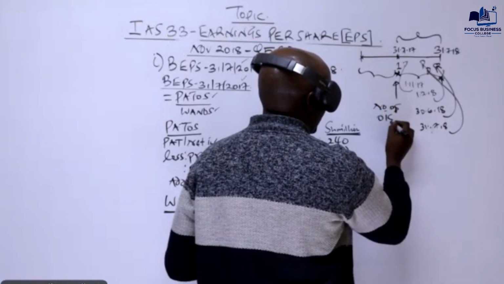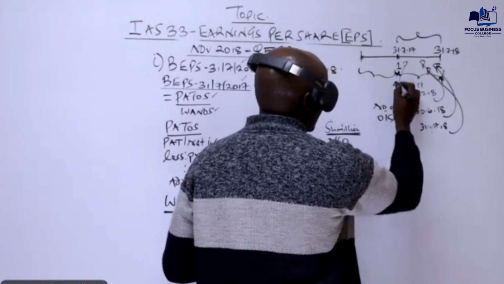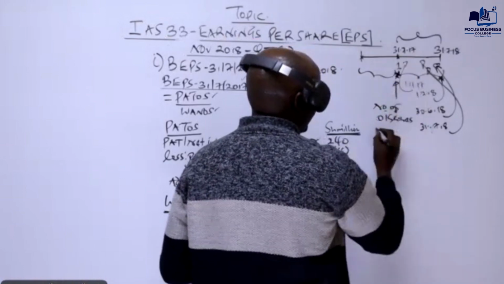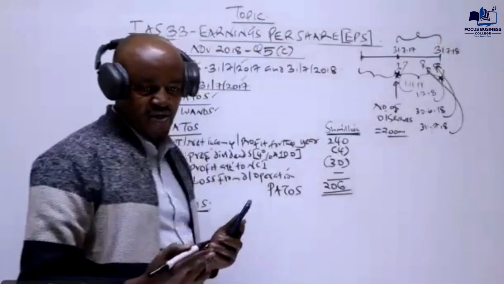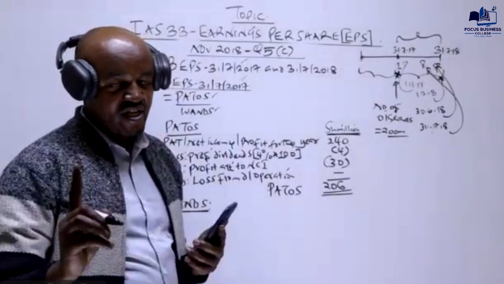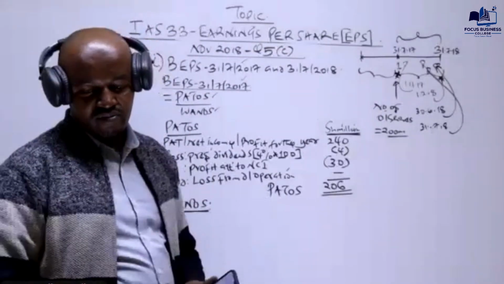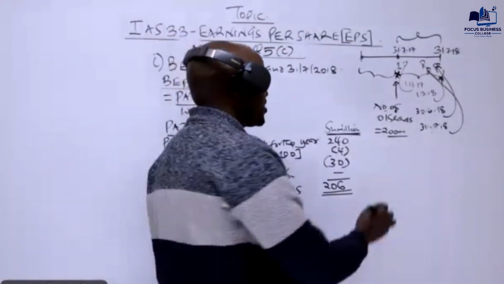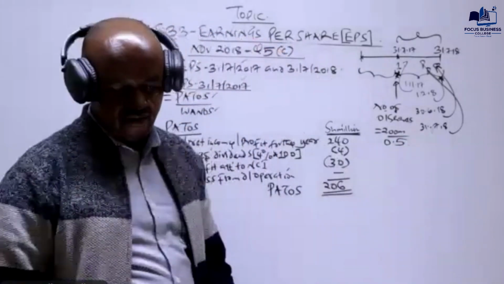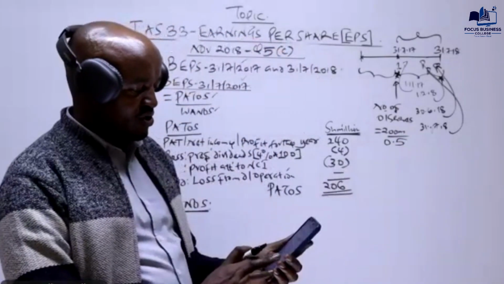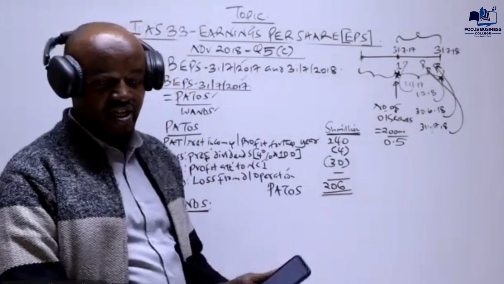So basically, what that means is that we can only determine the number of ordinary shares which were issued and fully paid at the end of 2017. How do we compute those shares? We take 200 million, which is the share capital. These are not the shares, 200 million. For us to know the shares, we divide that by the par value per share. I hope you can see the par value per share in our statement of financial position, where we have the name equity share capital.